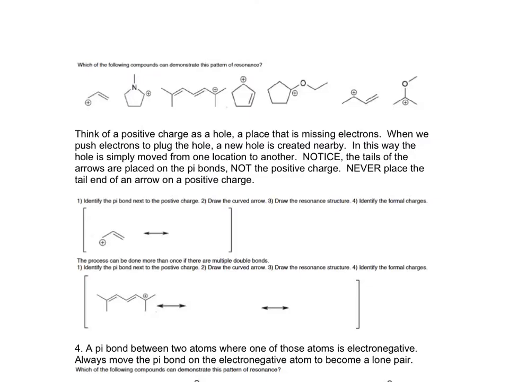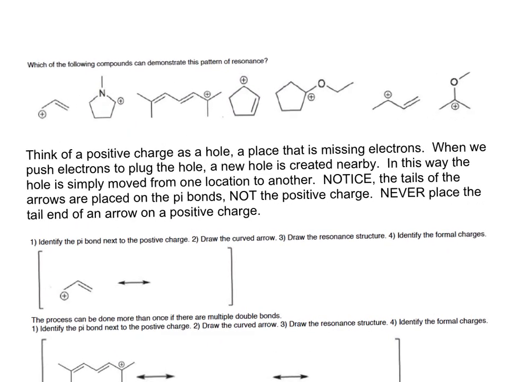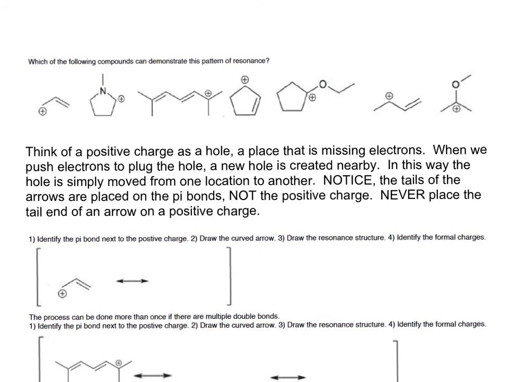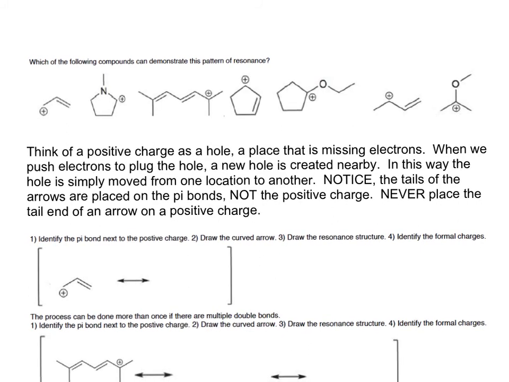So if we look at these structures here, let's see if we can identify this pattern of resonance. So here we have a positive charge, single bond, pi bond. No pi bonds. In the second structure, pi bond, single bond, positive charge. For the third, pi bond, single bond, positive charge.